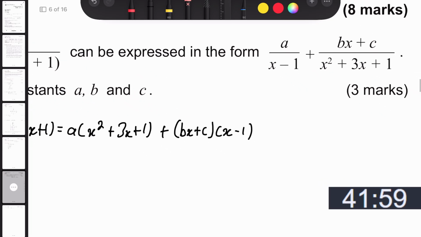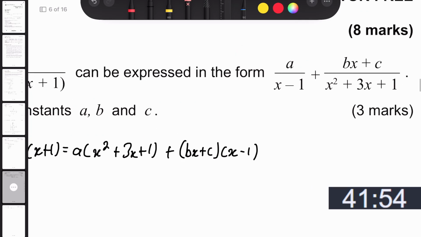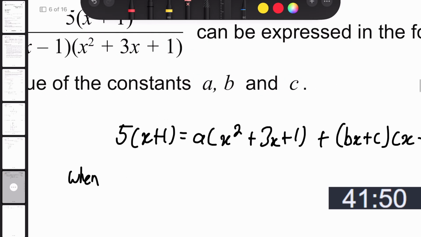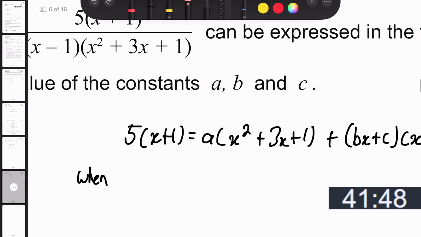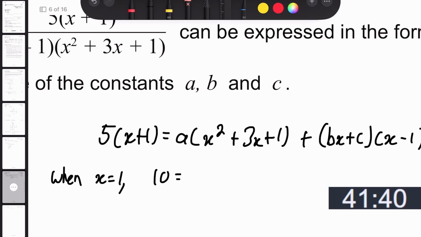Okay, so make sure I get that right. Yep. So let's take when x is equal to 1, so I can get rid of that. When x equals 1, that's going to become 2, so 10 is going to equal, that's 1 plus 3 plus 1, so 5a. So a is going to equal 2.